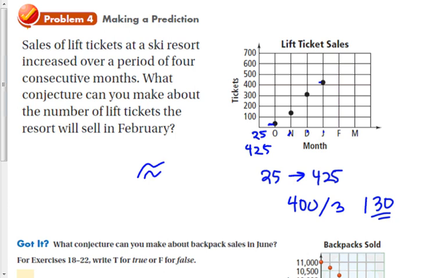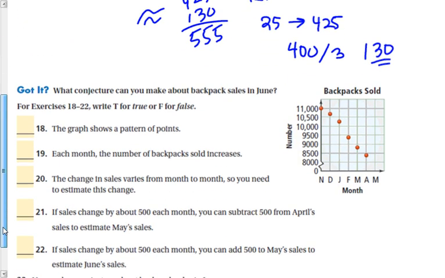Now, this isn't really very accurate math, but at least from the pattern, we're getting approximately more. So we can just take 425 plus about 130 and guess that maybe it would be about 555 tickets sold in February. All right, go ahead, you try that.